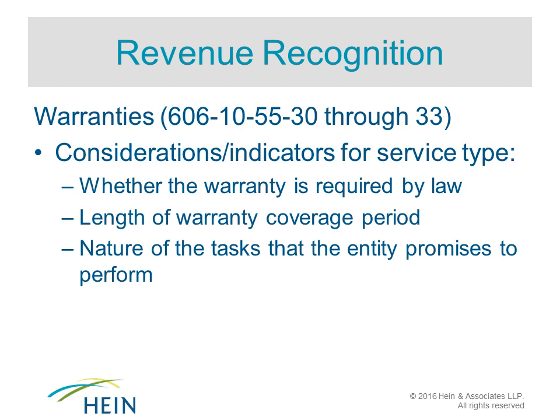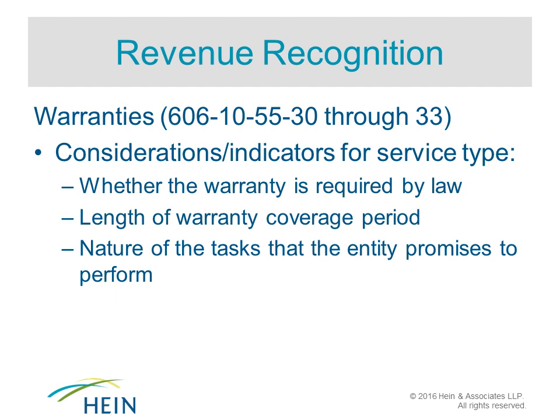So again, another area for judgment. Another consideration is what are the common warranty practices within the industry, and what's my company's past practices with regards to warranties. Those may be indicators as to which type of warranty we have.